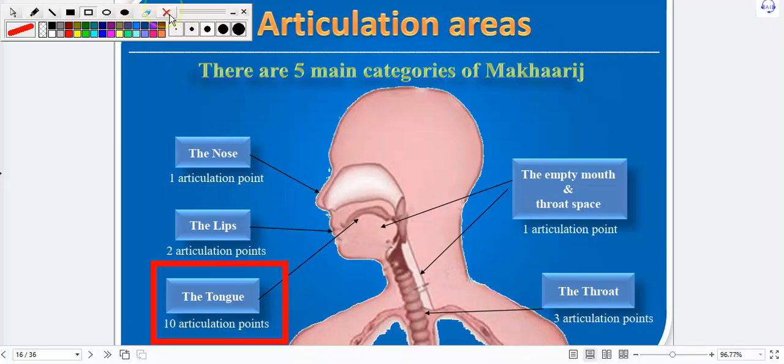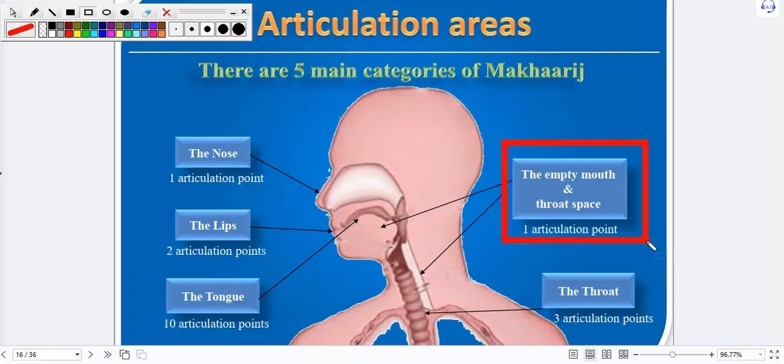That's number 3. And number 4 is the empty mouth and throat space. Basically, your vocal cord produces a sound, and the sound goes directly from your vocal cord out of your mouth. What does that mean?